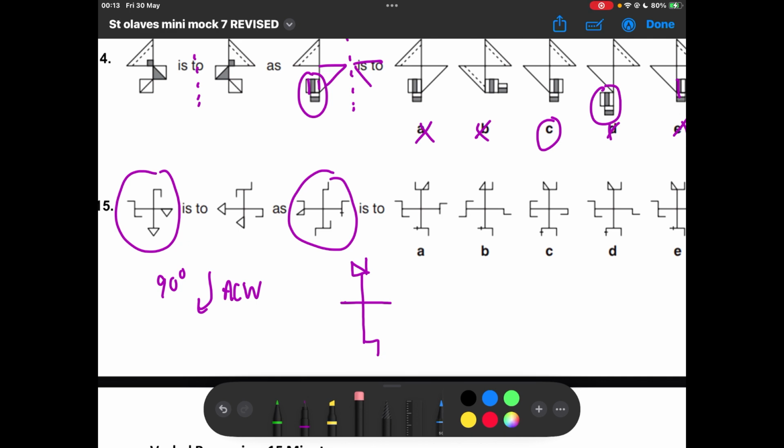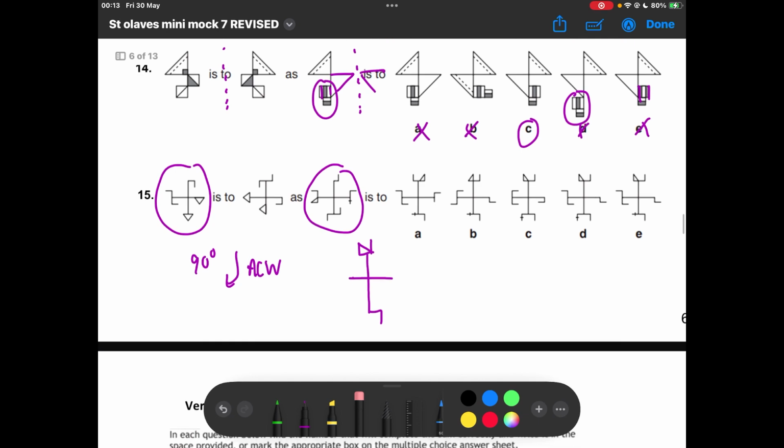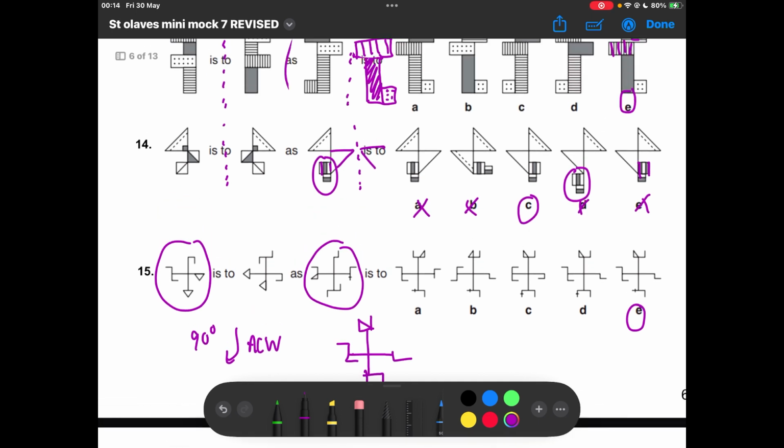Actually, drawn that bottom bit wrong. So this is going to be there. This is going to be there. This is going to be there. That leaves us with the answer, which is E. Because E is what I've drawn. That's the end of these questions.